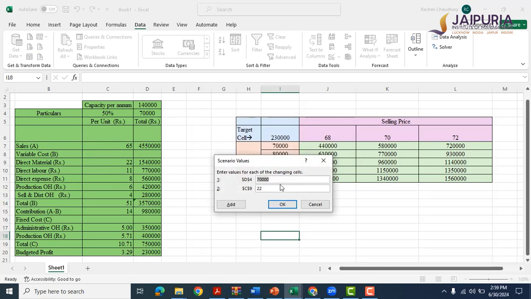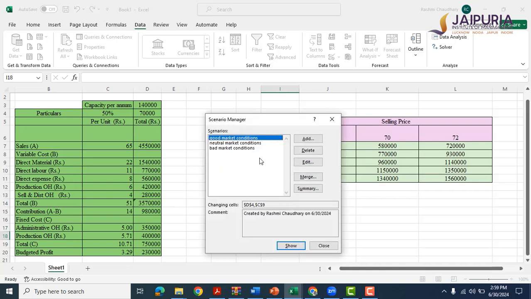So under bad market conditions, you are not able to sell that much, rather you will be able to sell only 50,000 units. But the material price has increased by 2 rupees. So again, in this condition also, the material price is 24 rupees.